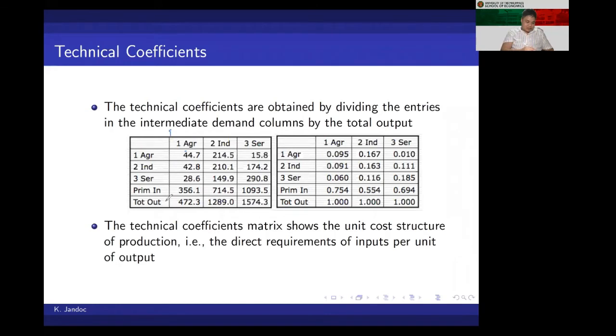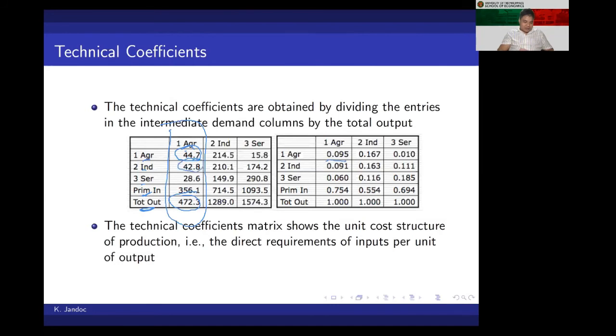So look at this column first. Okay, so when you divide, so this is total output, this is the amount of primary inputs, agriculture, industry, and services. So when we divide 44.7 to the total output in agriculture, which is 472.3, you get 0.095.